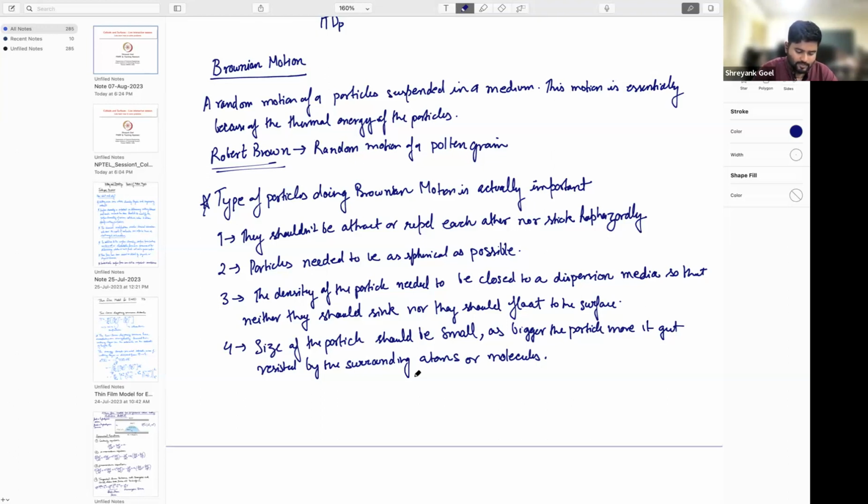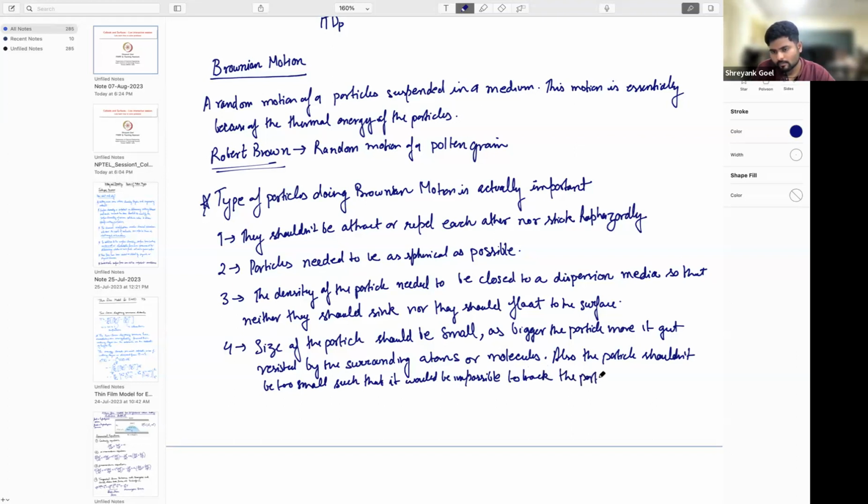At the same time, the particle shouldn't be too small, so that it moves very fast and you are unable to track that particle. It shouldn't be so small that it would be impossible to track the particles.